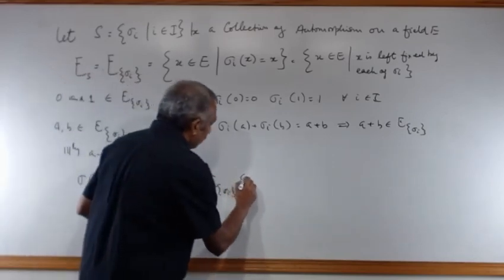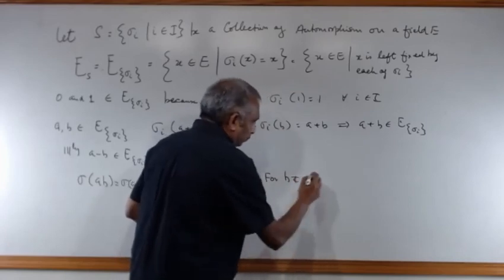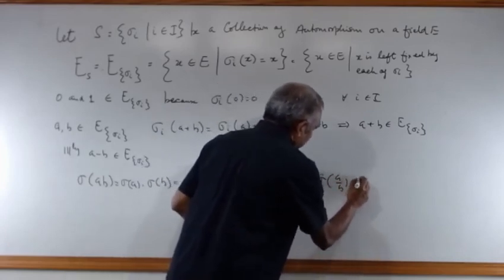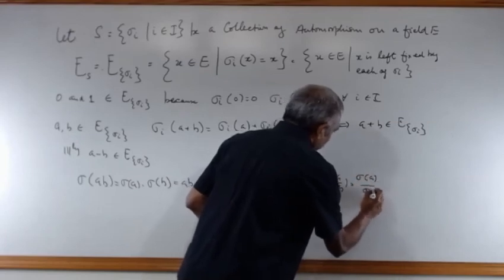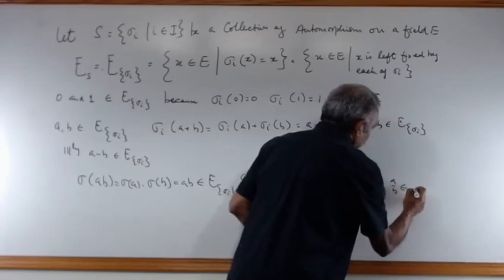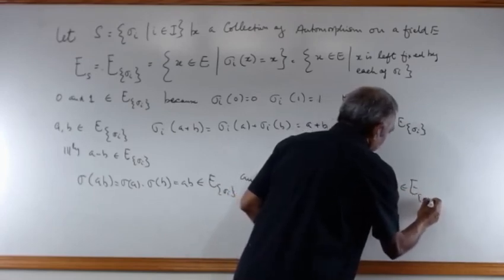And for b not equal to 0, sigma of a by b is equal to sigma of a by sigma of b, and that is equal to a by b, again belongs to E sigma i's.